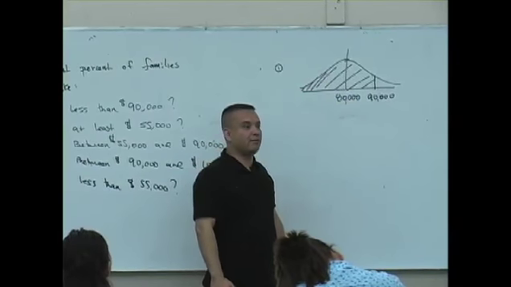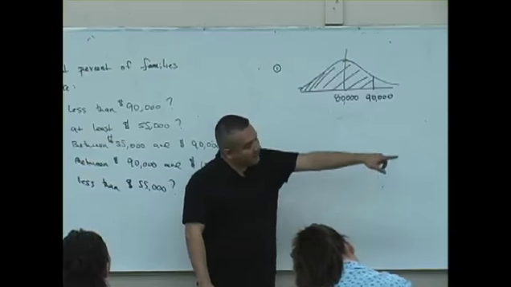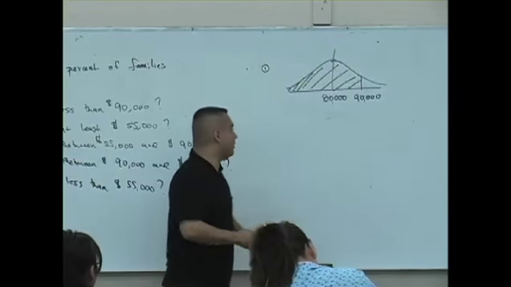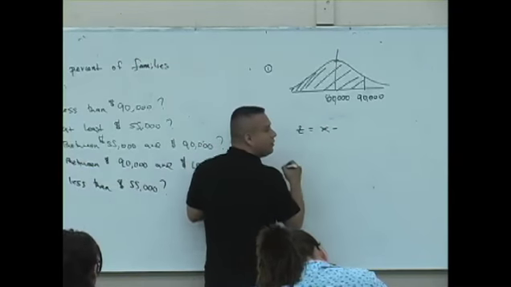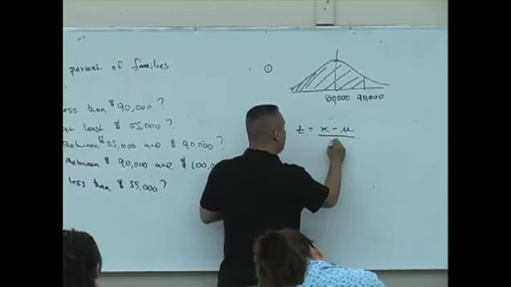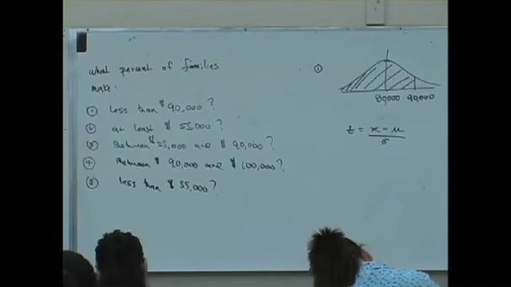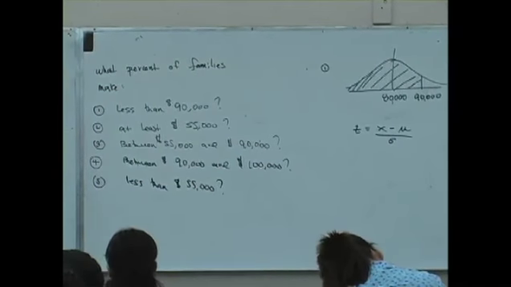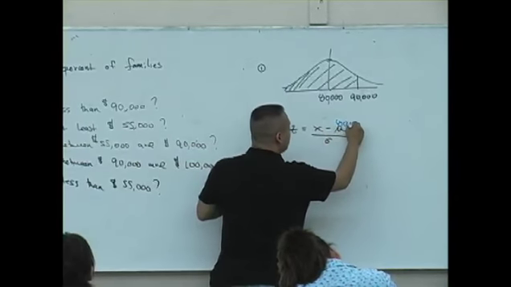What do you do now? What's the next step? Convert. Z equals x minus mu, over sigma. Tell me, what is mu? Isn't mu the mean, which is 80,000?